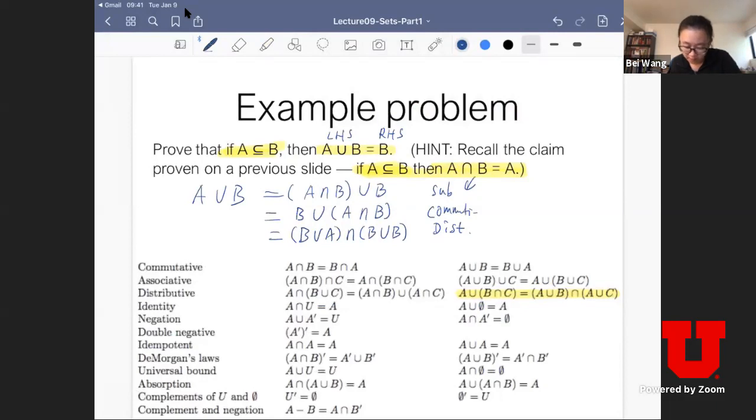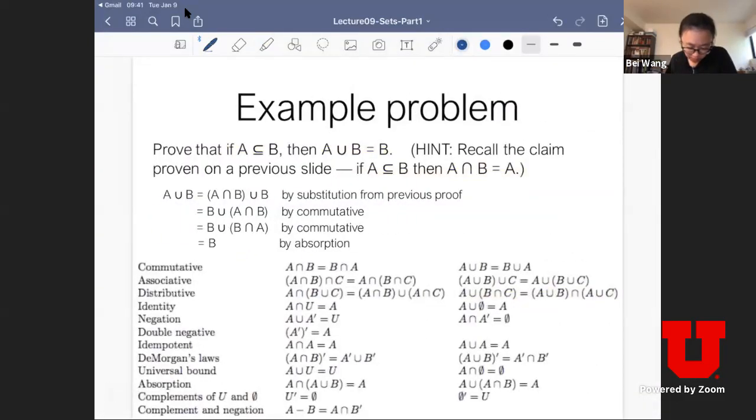Okay. So what do I have? I have B union A intersect B. Where am I? Let's see.